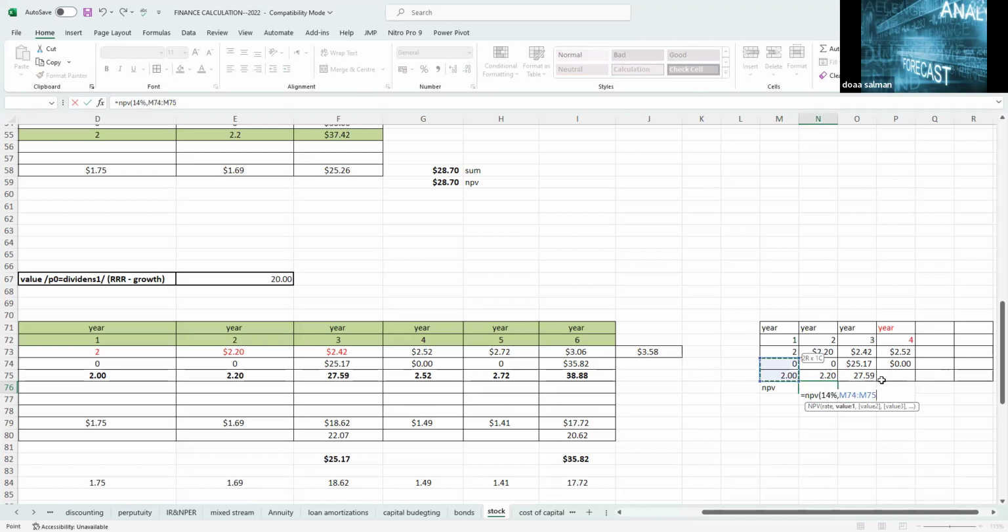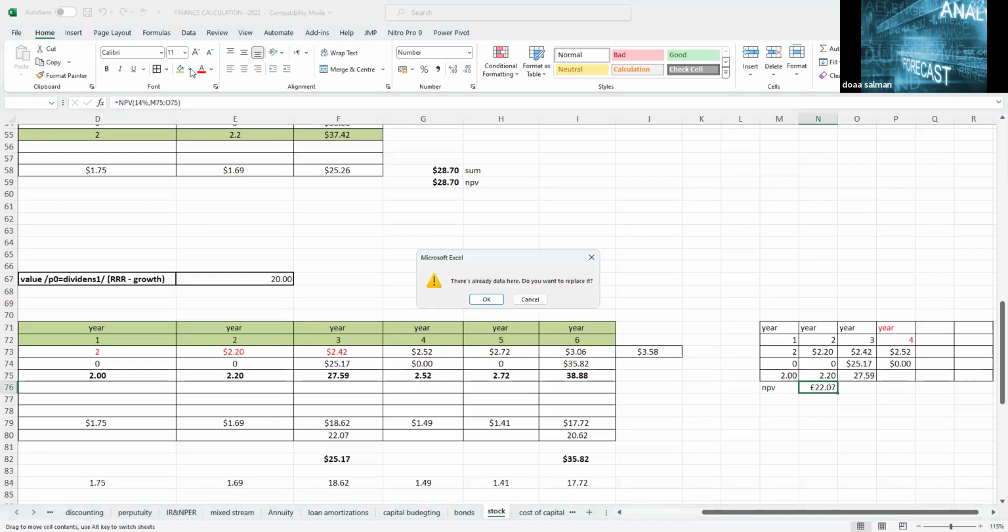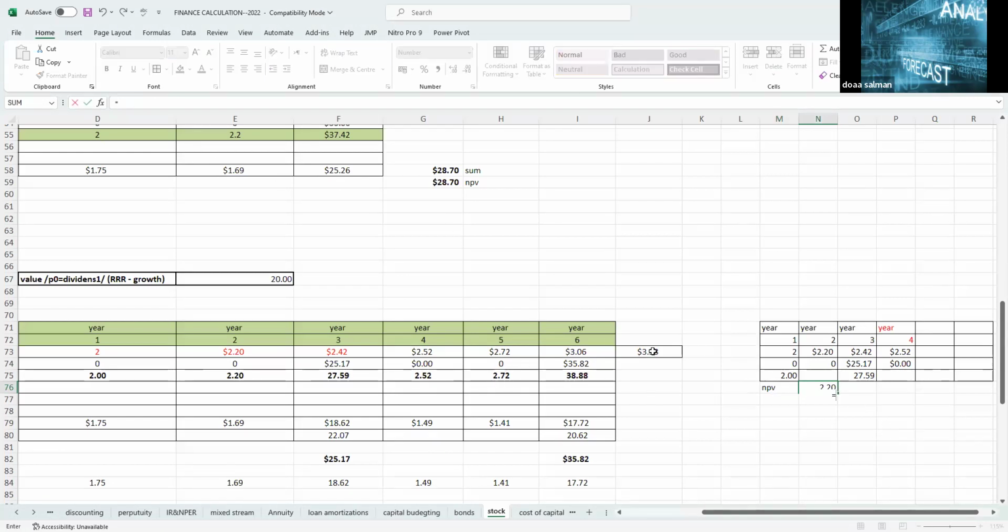So this is the final answer, which is 22.07. If the problem stops like that, so it is equal NPV, and the rate is 14%.